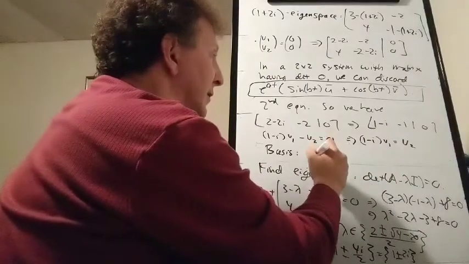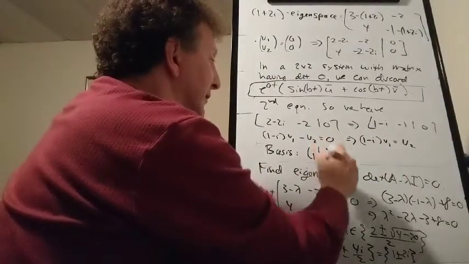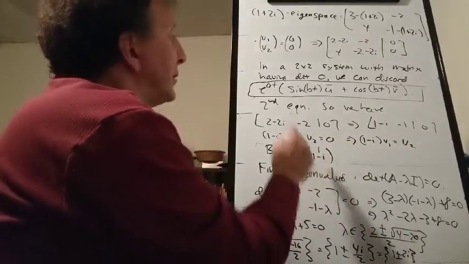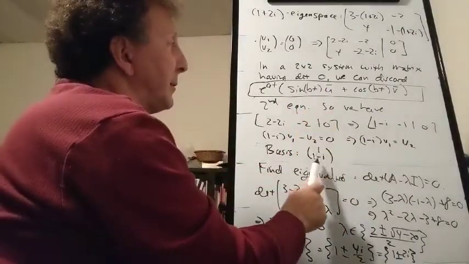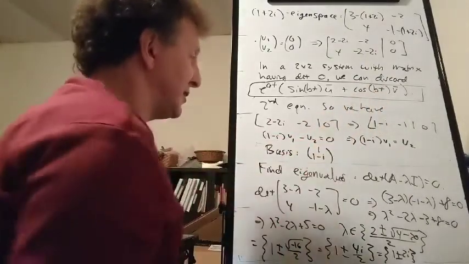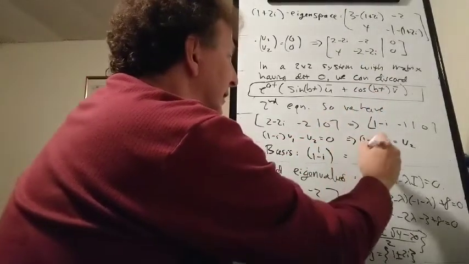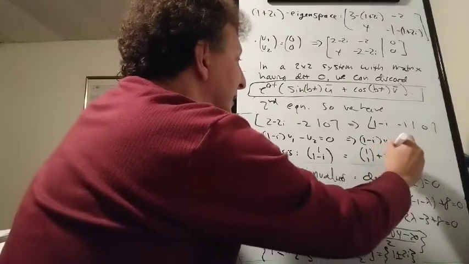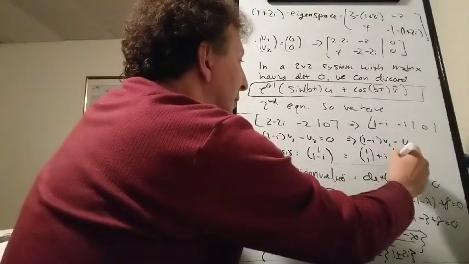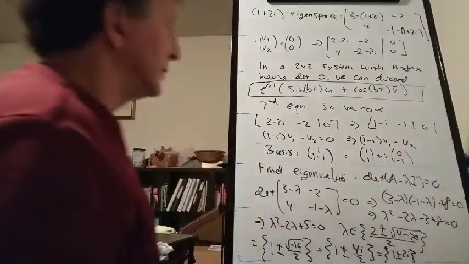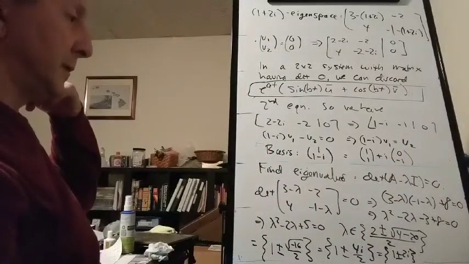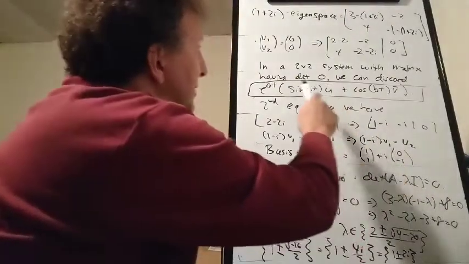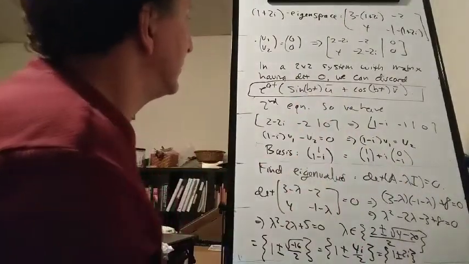So 1, 1 minus i is a good basis. But to use the formula, I want to break that basis element into a real part and an imaginary part. So let's write this as 1, 1 plus i times 0, negative 1. Alright, now we can use this as the real part and that as the imaginary part in the formula.